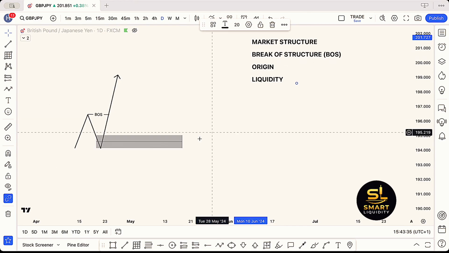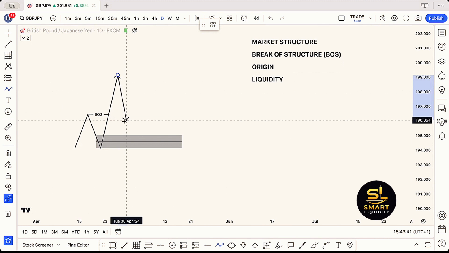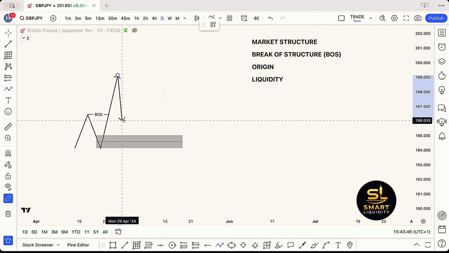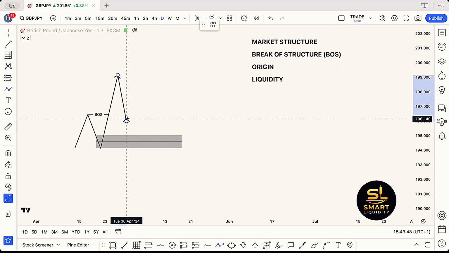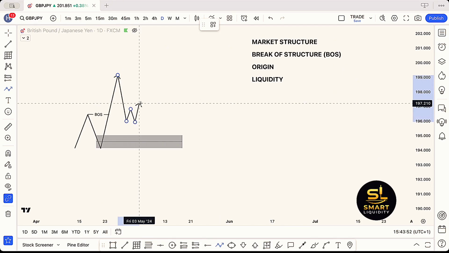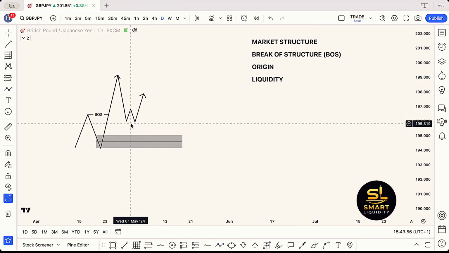So how do we get to know what liquidity means? Before the market taps into my origin, I need to see something like a key level. Let's say the market was pushing down to tap into my origin, and there is a key level where a retracement happened and it looks as if the market is leaving me. This key level very close to my origin is what I call liquidity.